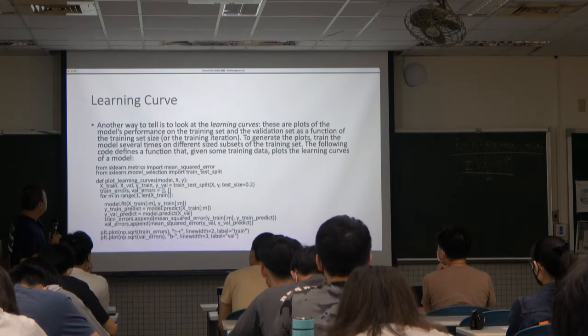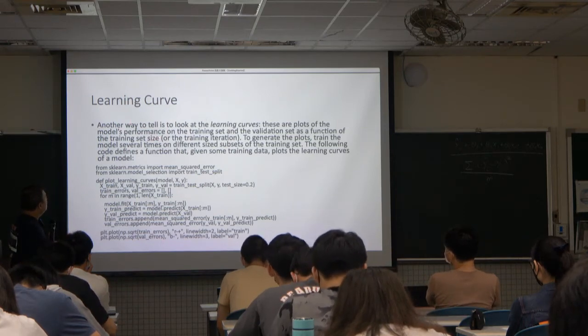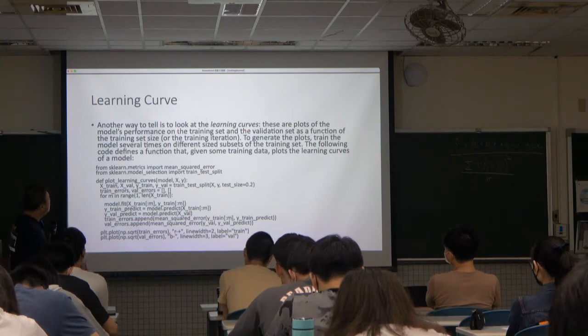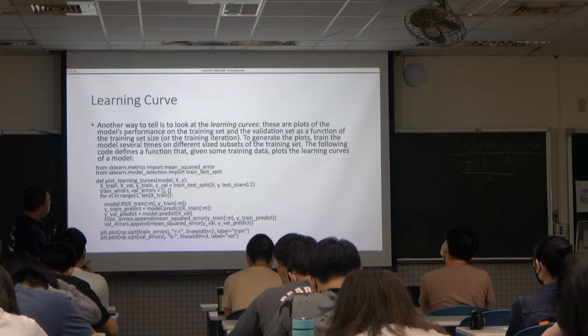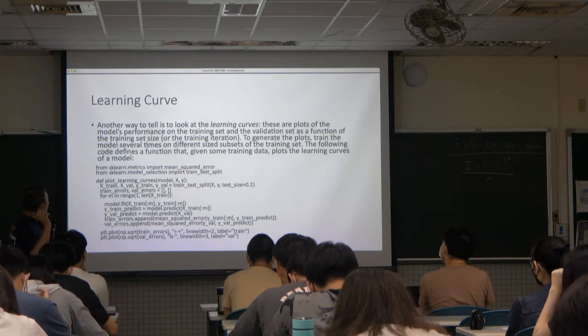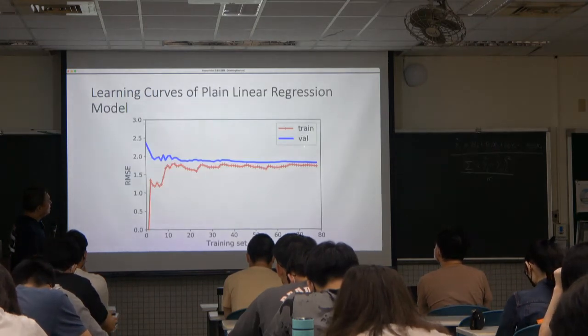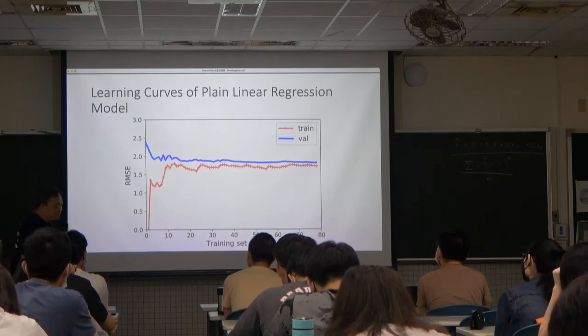Another one is to look at the learning curve. This learning curve can be used to see if a model, including a deep learning model, is overfitting or not. On the learning curve, you are going to draw two lines.